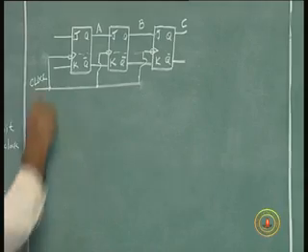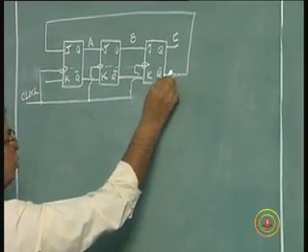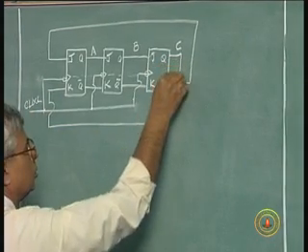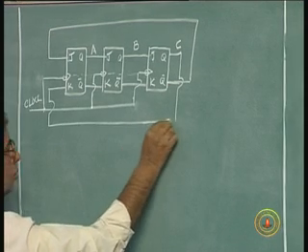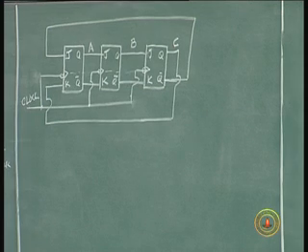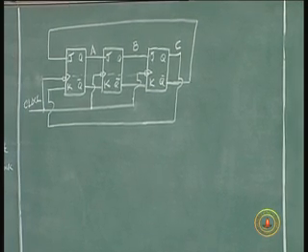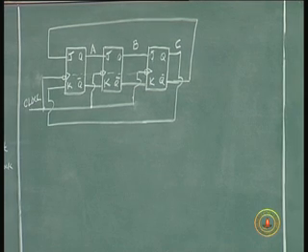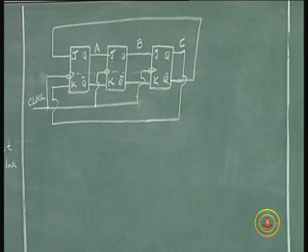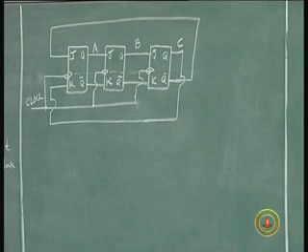What I am going to do is connect this J to this Q bar, and K. So you have 3 JK flip flops: the output of the first JK goes to the second JK, the output of the second JK goes to the third JK, and the output of the third JK goes into the input of the first JK with a twist, Q and Q bars.